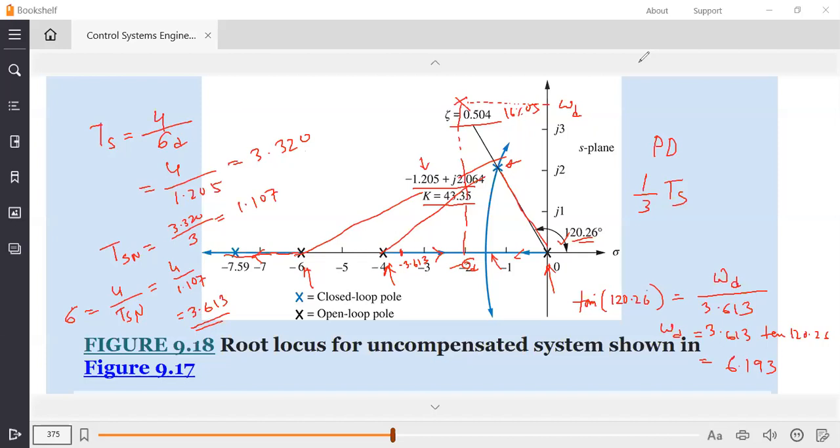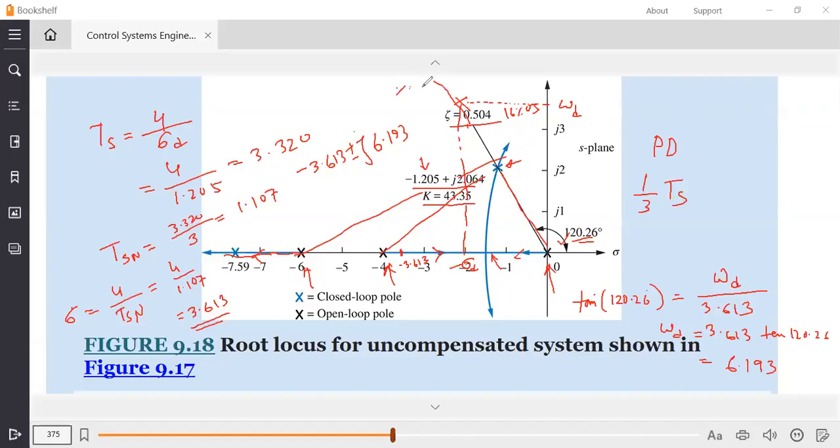So what we figured out so far is that the real axis segment is minus 3.613, so your pole location should be minus 3.613 plus or minus j omega d, that is 6.193. Somewhere here, maybe a bit higher, you're going to have your pole, in line with that one as well.